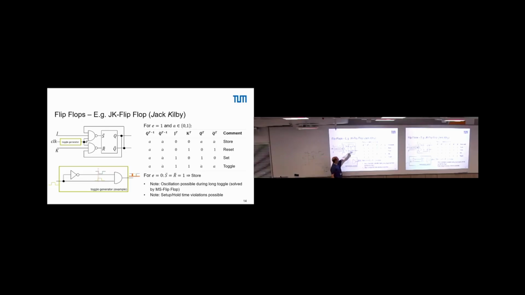Because we have this feedback. So effectively, if Q is a 0 before, then we have at the output a 1. If Q is a 1 before, we have at the output a 0, right? So this here becomes Q bar, and here we have effectively Q, right? And this causes that now the output toggles. So we have still something that oscillates, right?